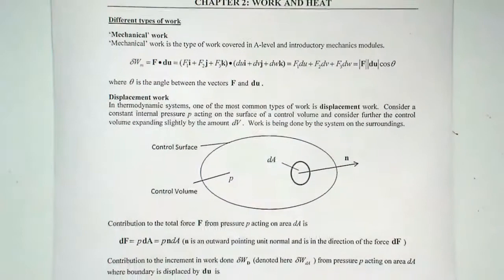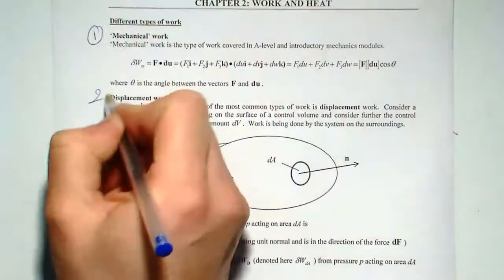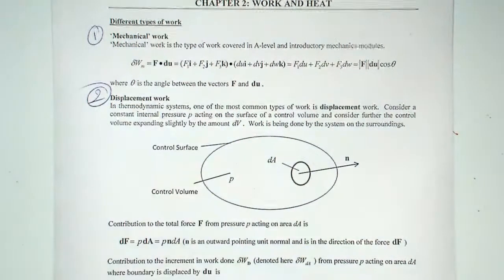On this page, we really start looking at work and the different types of work that you could encounter. Let's start with two types of work, mechanical and displacement work. These are not the only types, but for now let's focus on these two, because these are the most common ones.